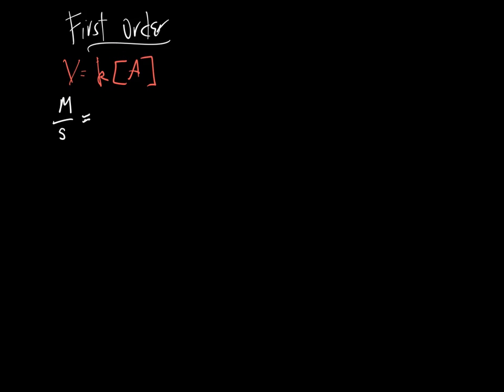So I should have done these all in different colors. Since the concentrations are already in molar, now we have to find the units of k. I'll say k is this color. Since V is in molar per second and A is in molar, what are the units going to be for k?